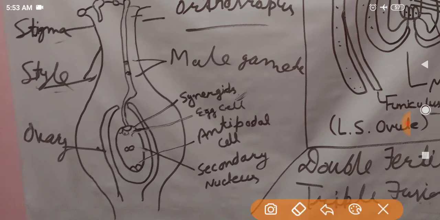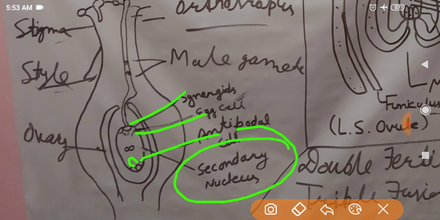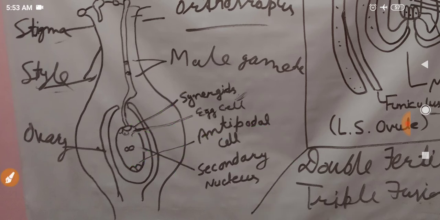This is an example of an orthotropous ovule, and you can see two male gametes here. The same structure as before: synergids will be here, and this is the egg cell and three antipodal cells, and one secondary nucleus in the embryo sac.